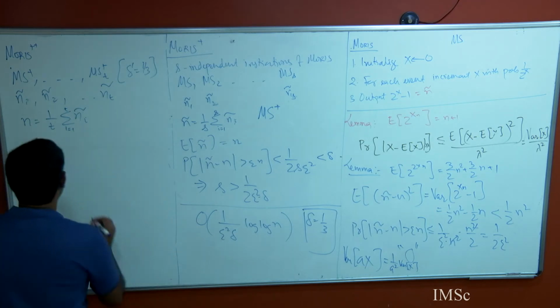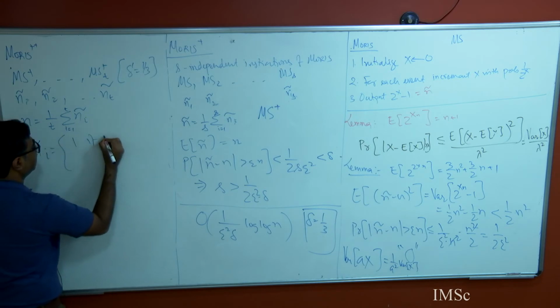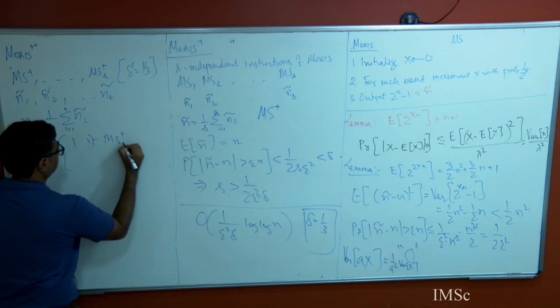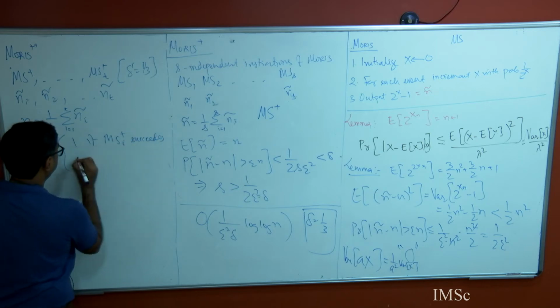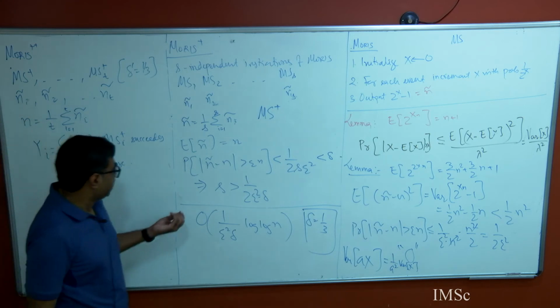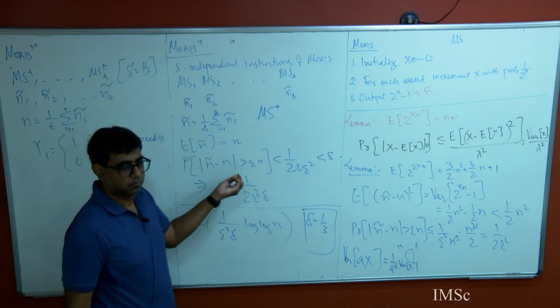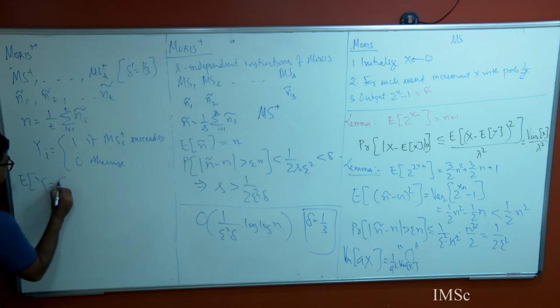I'm going to write yi is 1 if MS plus i succeeds, 0 otherwise. What I mean by succeed is that you have returned me a number which is between these bounds. My question is, what is the expectation of y, which is the summation of yi?